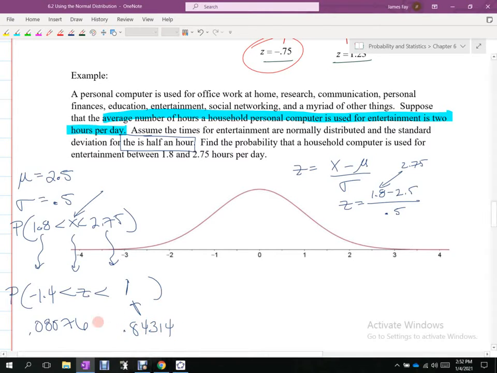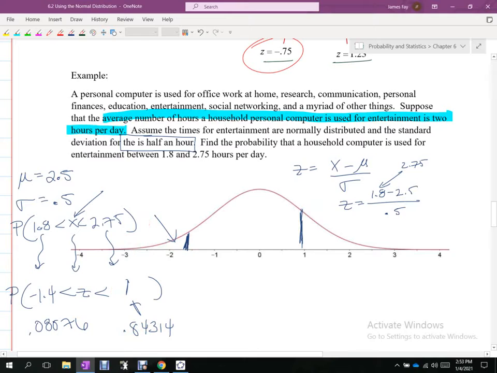And I should be able to do what with those two numbers? I'll subtract them. So negative 1.4 would be about right there, and a z-score of 1 would be about right there. If I subtract this, this negative 1.4 is that area there. This z-score of 1 is all this area from all the way to the left up to this point.